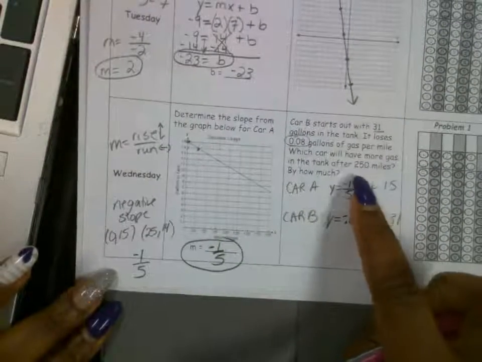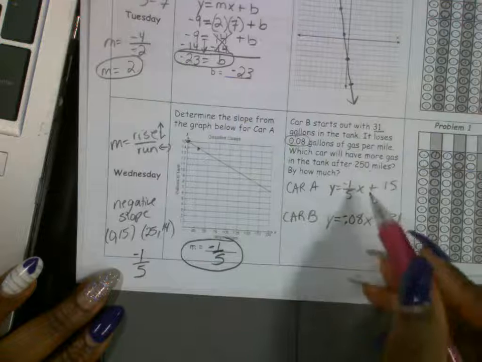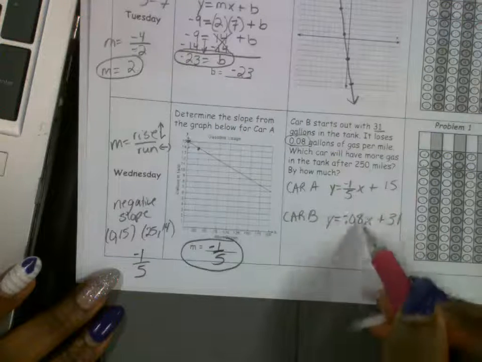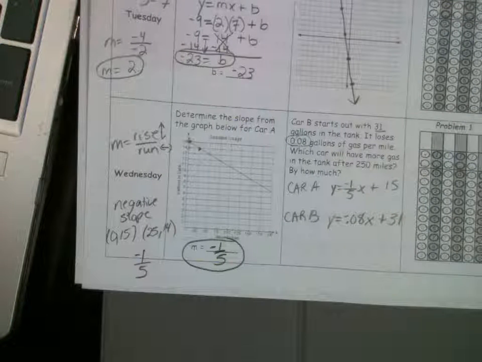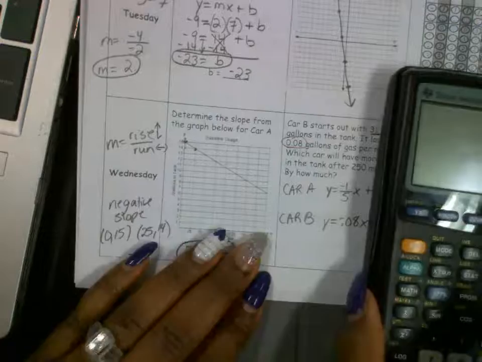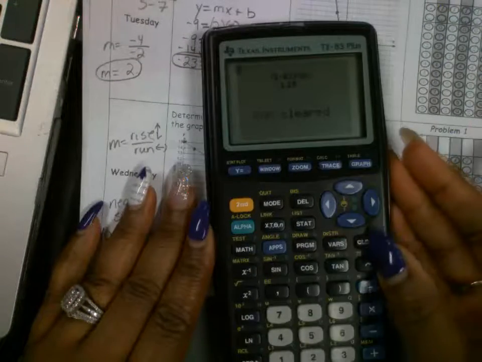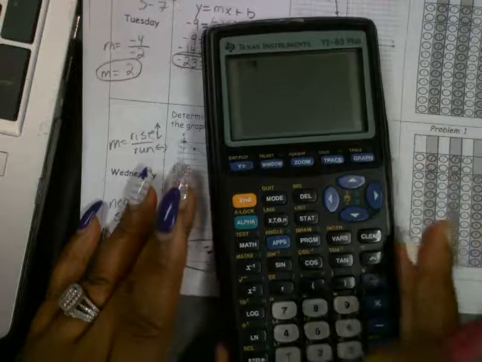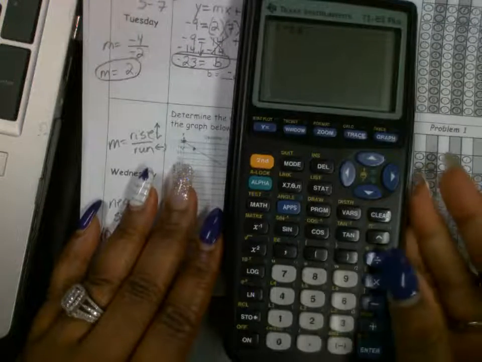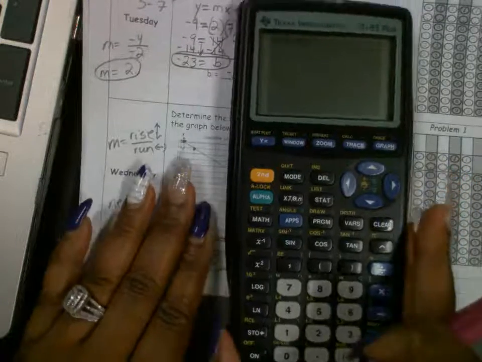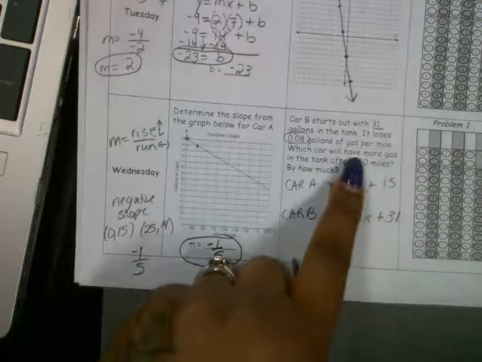We want to know which car has more gas left after 250 miles. So we're going to substitute 250 for both and see how much we get. Okay. So for the first one, I'm going to plug in 250. To type this fraction in, I have parentheses, -1/5, and I'm going to plug in 250.